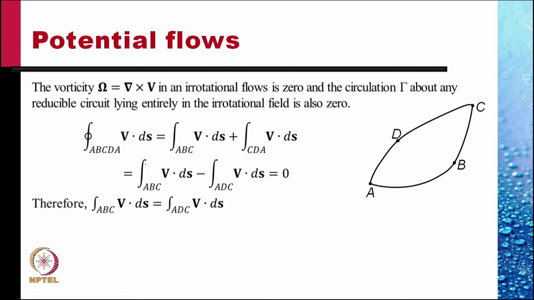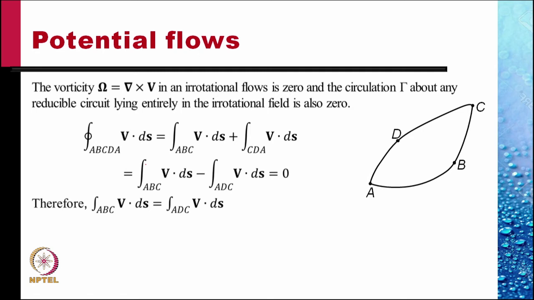The integral of V dot ds over this circuit A, B, C, D, A going around counterclockwise is the integral of V dot ds over the arm ABC plus the integral over the arm CDA.